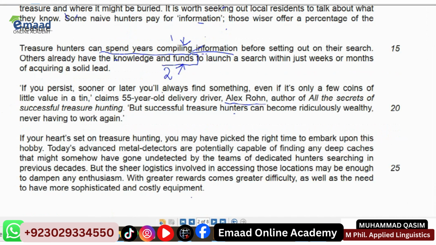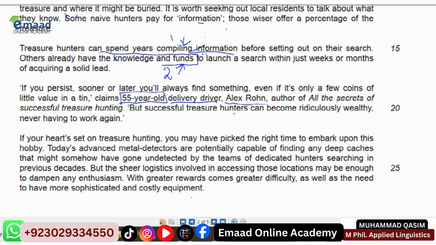You have to find out some clues why this statement is not valid and why people may not believe Alex Ron. The first thing is that if you persist, sooner or later, you will always find something, even if it's only a few coins of little value in a tin, claims the 55-year-old delivery boy. Now this person is 55 years old, but still a delivery driver. So this is his fortune, or what he is doing. Why could he not get all this?